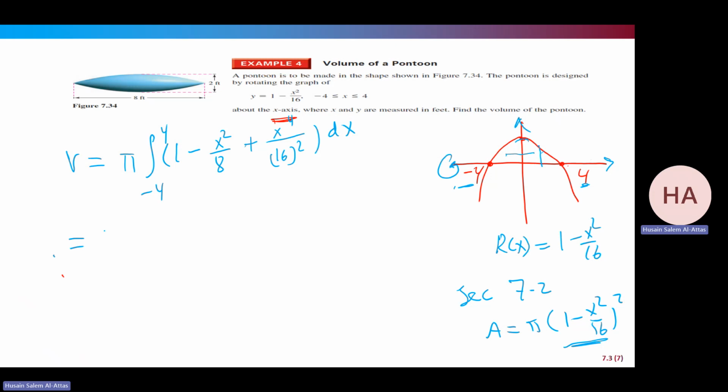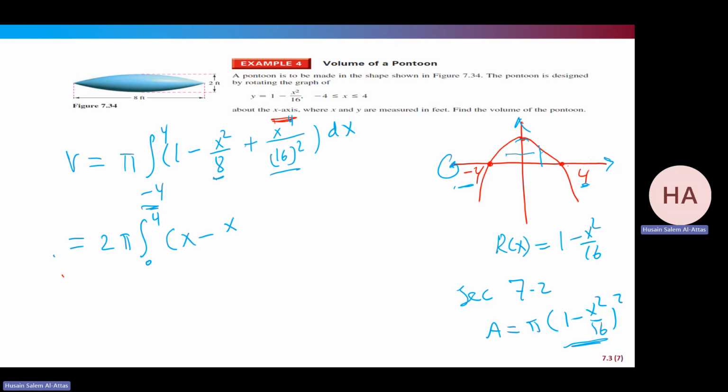So that gives me what? Pi times x minus x cubed over, before I do this, I notice the same thing which we noticed before. This is minus 4 to 4, and it's an even function. So I can make it 2 pi from 0 to 4 to make the calculation easier.